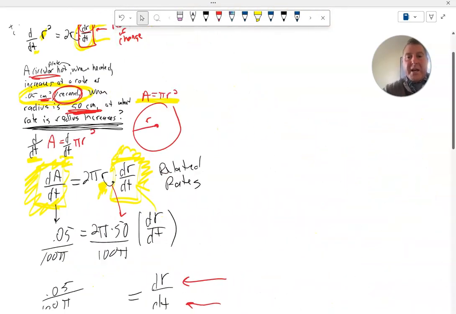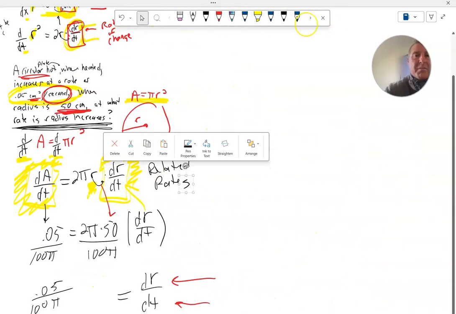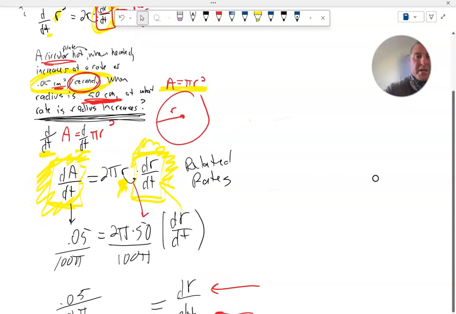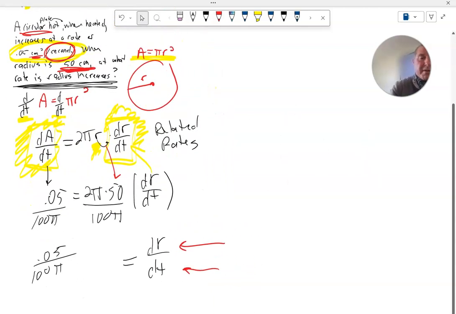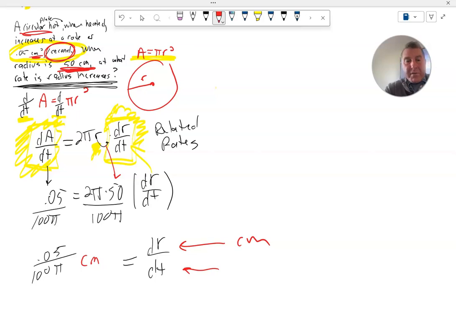So the rate at which the radius at this moment is changing is going to be 0.05 over 100 pi centimeters, which is the unit of measure for radius, per second, which is the unit of measure for time. So there's your first related rate problem.